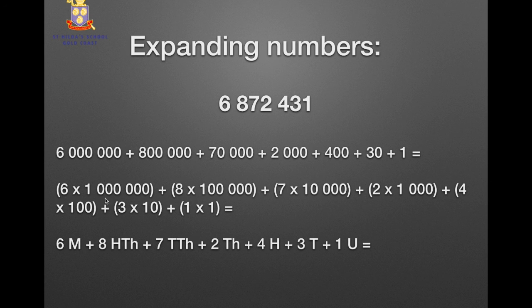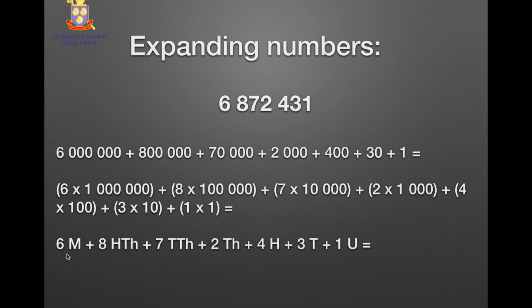This 6 times 1 million, because it's worth 6 million, plus 8 times 100,000, because it's worth 800,000, 7 times 10,000, because it's worth 70,000, 2 times 1,000, because it is worth 2,000, 4 times 100, because it is worth 400, 3 times 10, which is worth 30, and 1 times 1 is 1.